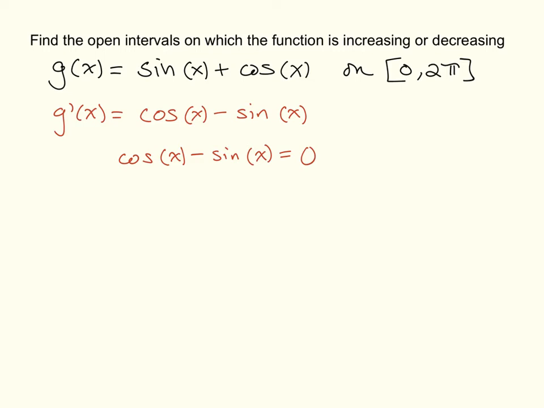The last thing we need to do is solve this derivative for x. One way you can do that is if you add sine of x to both sides to see that cosine of x equals sine of x. So this is when the coordinates on the unit circle, remember the x coordinate is cosine of x and the y coordinate is the sine of x, are exactly the same.